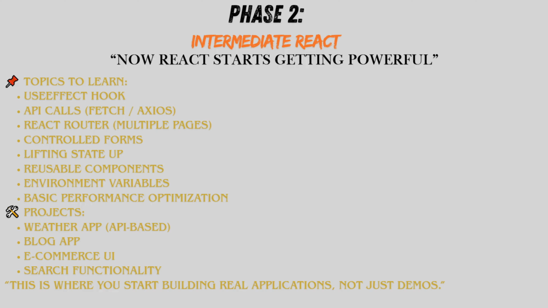So all these things we will try to build as mini projects in your intermediate phase. This is where you start building real applications, not just demos, but a real working application that users can use. So at that level we will try to make an application.